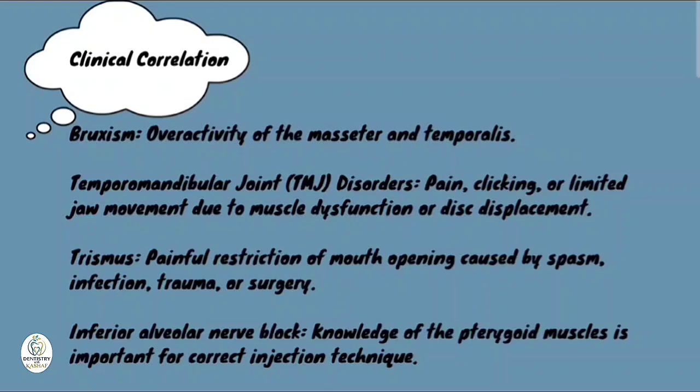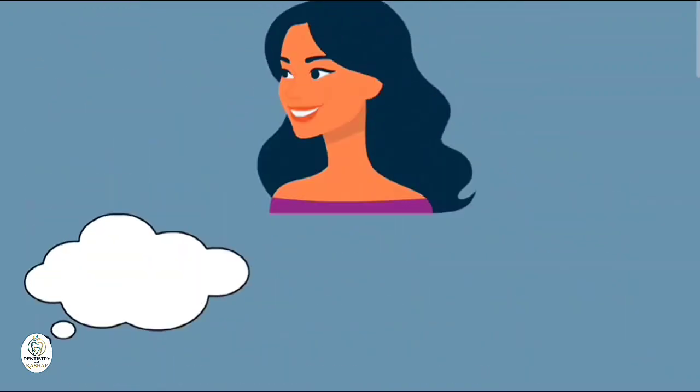Inferior alveolar nerve block. The knowledge of the pterygoid muscle is important for the correct injection technique. You have to learn anatomy very clearly for a successful LA by inferior alveolar nerve block. You have to study it and remember that there are variations within the same gender, same species. So this is based on your clinical skills and also your academic learning.